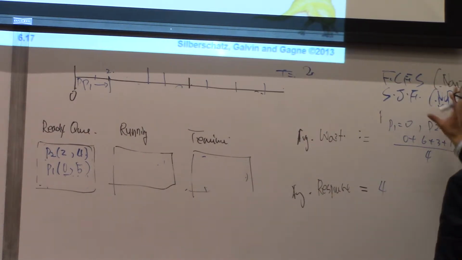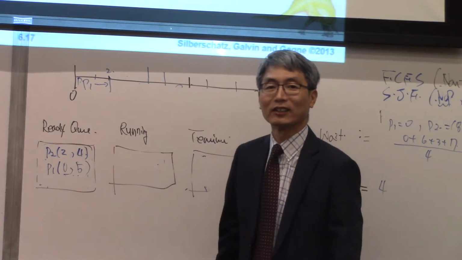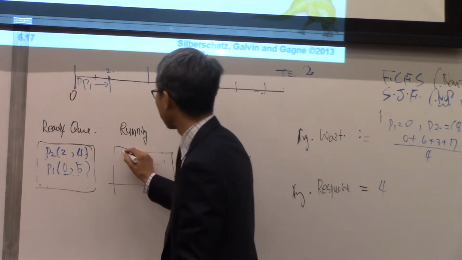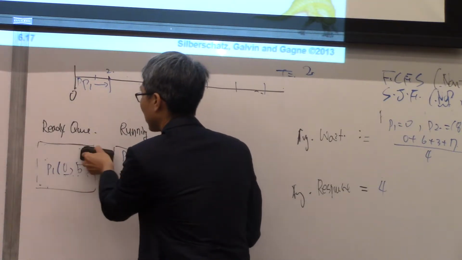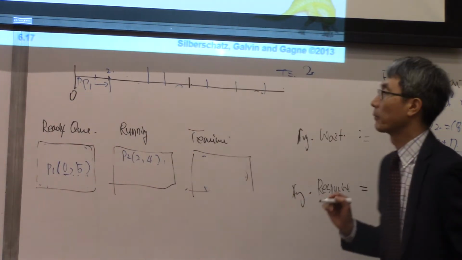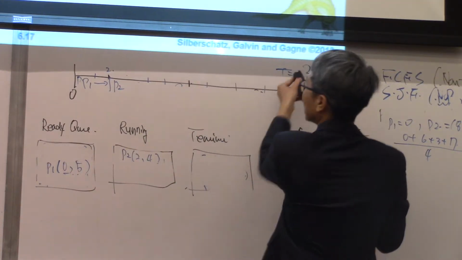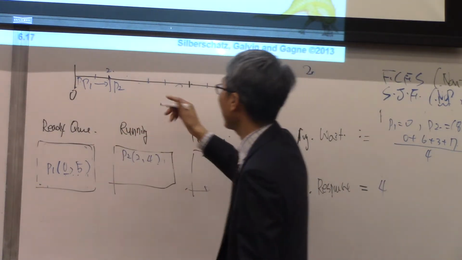Then the shortest remaining job will be selected. Which one? P2 is less than P1, so P2 is removed from the ready queue and selected. It runs until time 4.